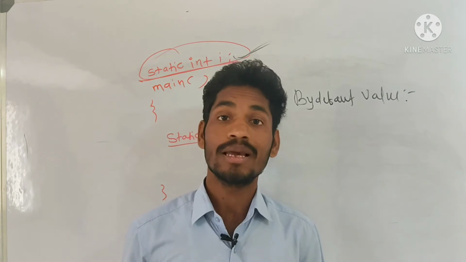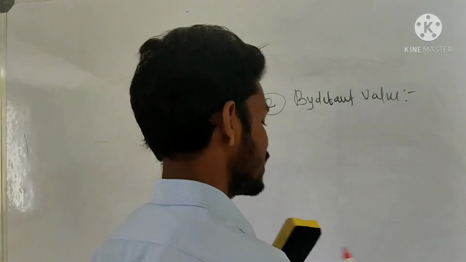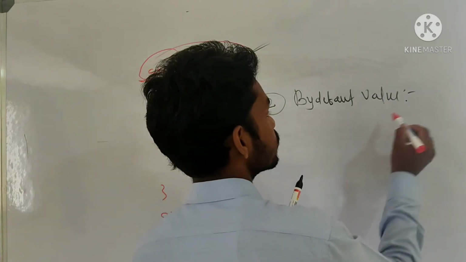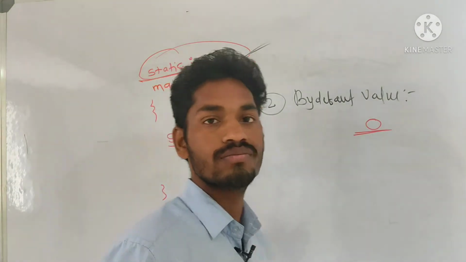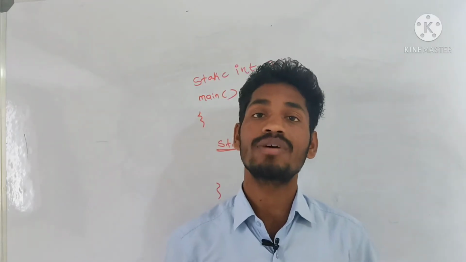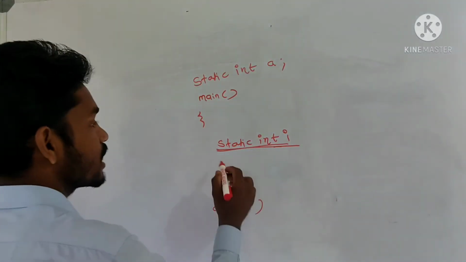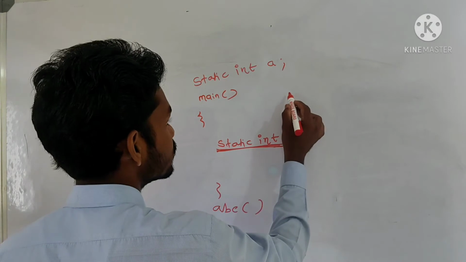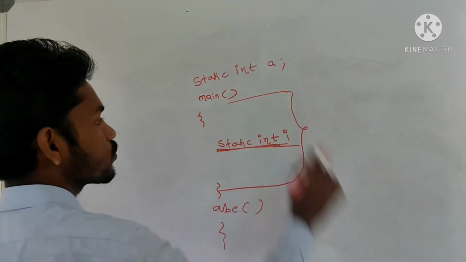Now the second thing: the default value of the static variable is 0. It will not be garbage. The scope of that variable depends on where the memory is allocated. Suppose the static variable is allocated inside the main function, then the scope of that variable is within the main function only.